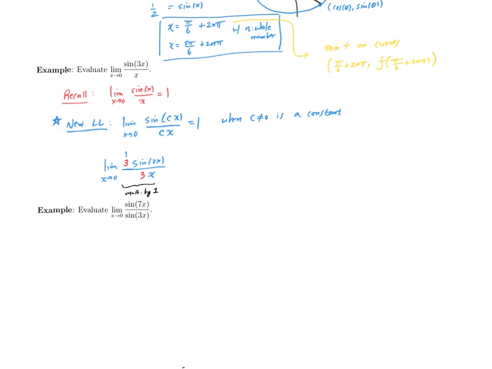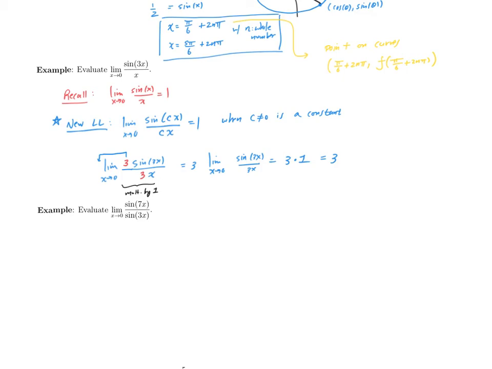And if we pull this extra 3 from the top out front, we're left with 3 times the limit as x approaches 0 of sine of 3x over 3x, which is 3 times 1 from our new limit law, and we end up with a 3. And that is a common technique.